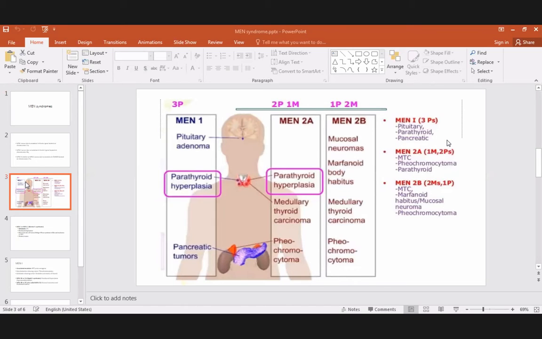What does it produce? It's okay. What does pheochromocytoma produce? A lot of hormones in the suprarenal glands, and the high blood pressure.